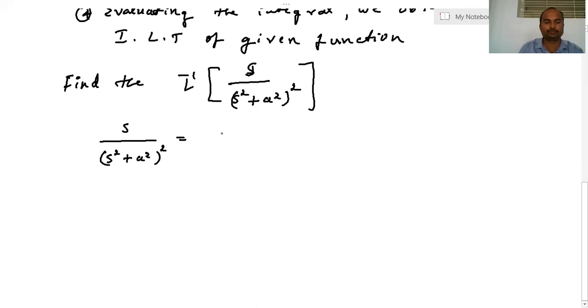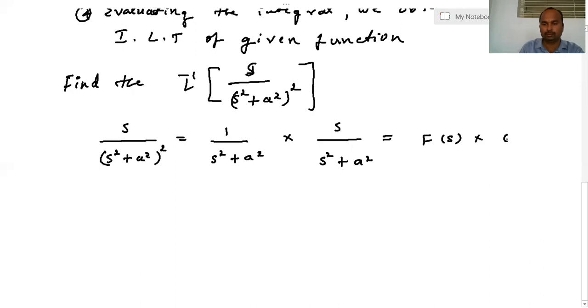We can write it as 1 by (s square plus a square) into s by (s square plus a square). So which is nothing but F(s) into G(s). We got both F(s) and G(s).